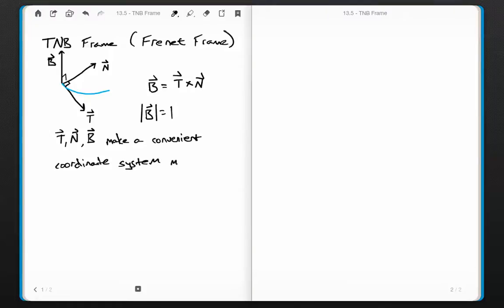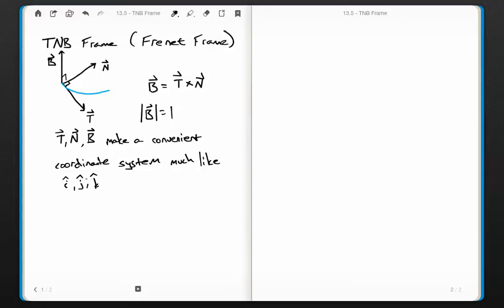Much like I, J, and K. Except that I, J, and K are always kind of pointing in the same direction.